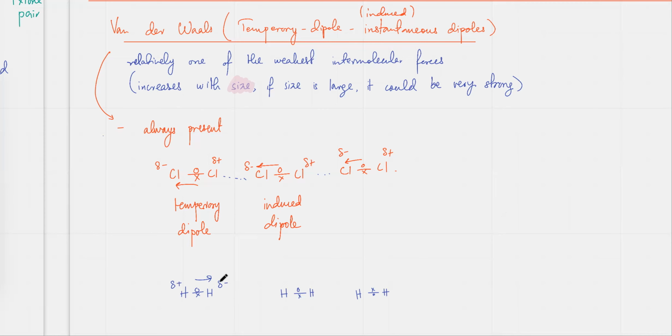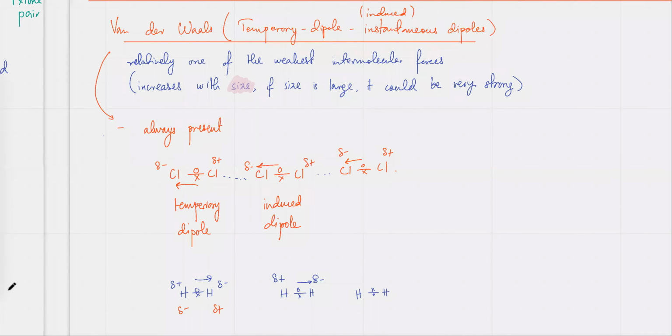And those temporary dipoles, for a very temporary instant, this side would be negative. Negative side would repel the electrons. So the electrons are going to get repelled in the neighboring molecules, and that side would become negative. This side would become positive, and so on. So there would be induced dipoles, and the next second the dipoles might switch. There might be another collision, and this side becomes negative and this side becomes positive.